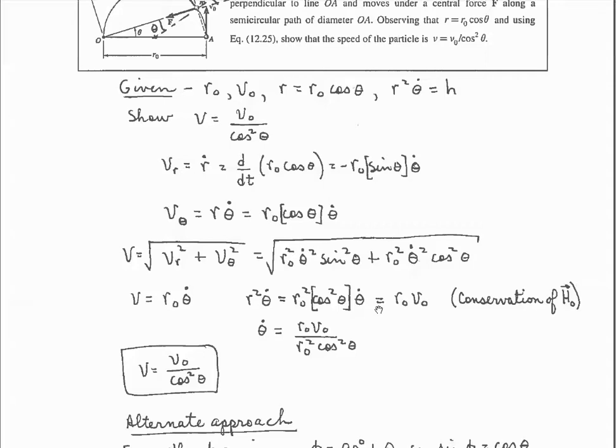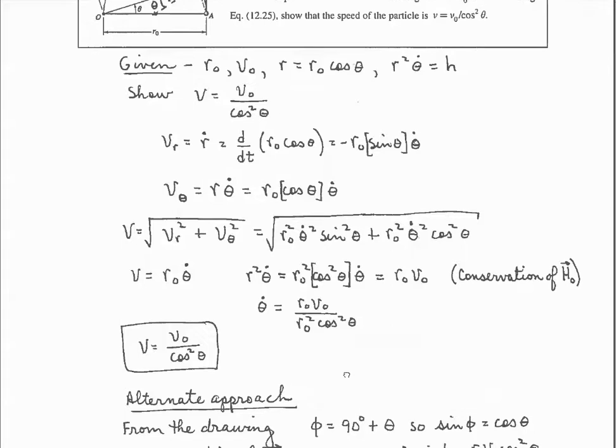Solving for theta dot, you get r naught v naught divided by r naught squared cosine squared theta, and one of the r naughts goes away. You end up with v naught over r naught cosine squared theta. If you multiply theta dot by the r naught, you're left with v, which means v is equal to v naught over cosine squared theta.